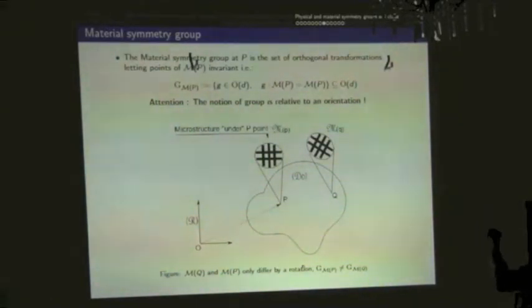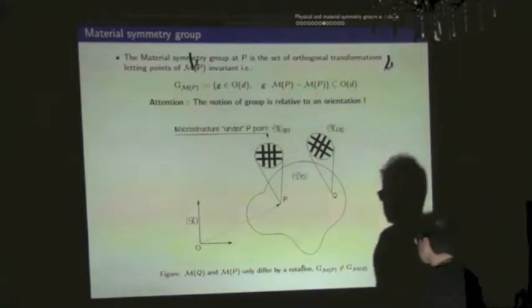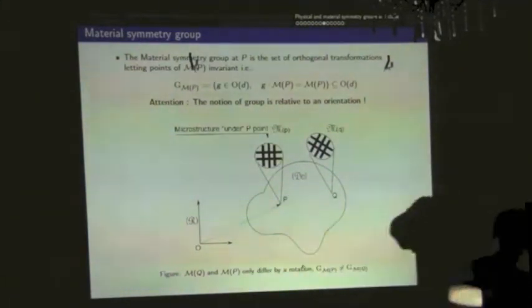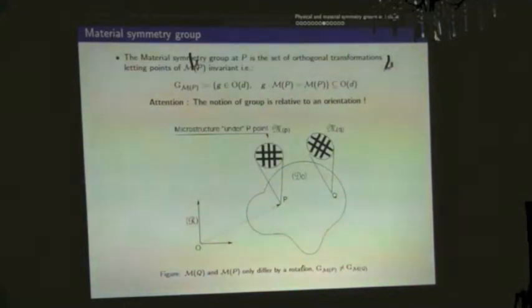And for symmetry group, and that will be all the difference with the symmetry classes, a group is relative to an orientation. So here, the two microstructures are just rotated one from the other. Okay, the groups are not the same. So if I take the intersection of these two groups of symmetry, I think that the identity is the only element in common.